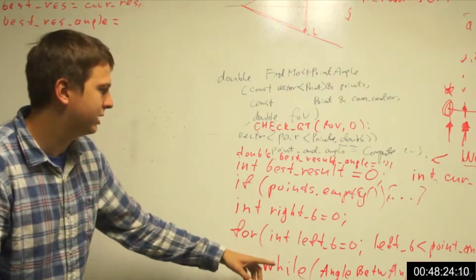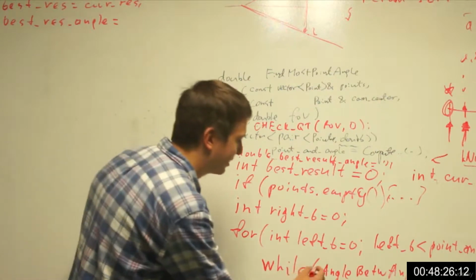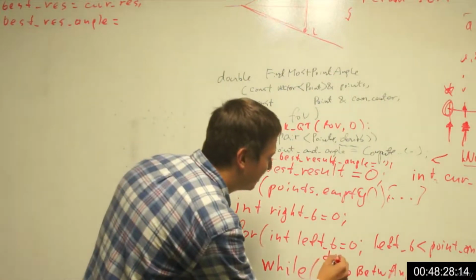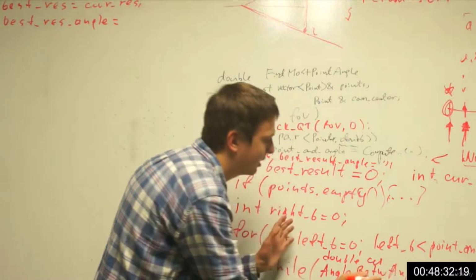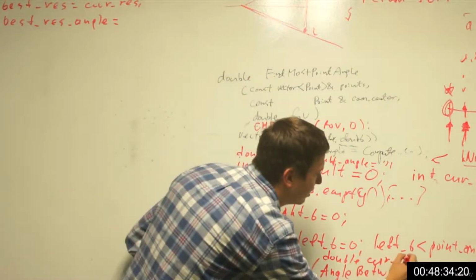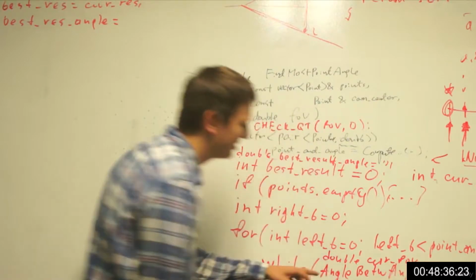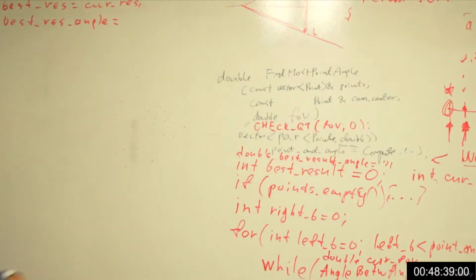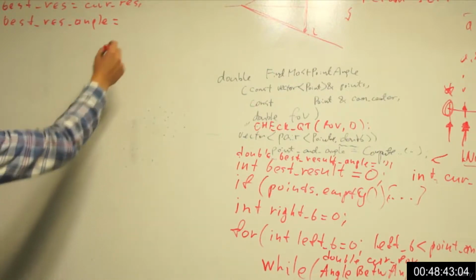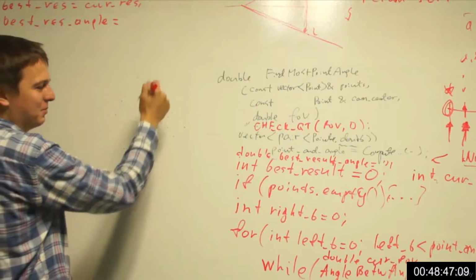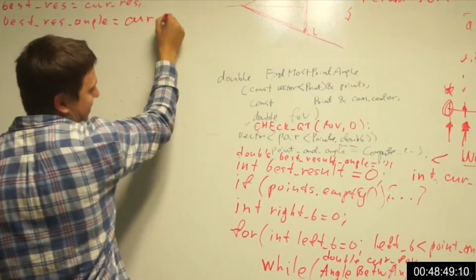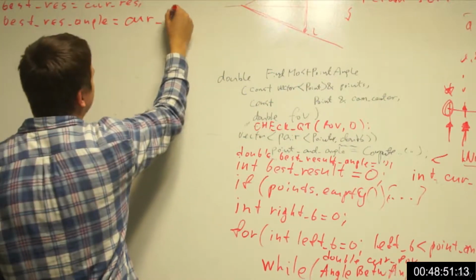We can just write it here like double current angle, current field of view equal to this in this loop, but it's maybe bad style.